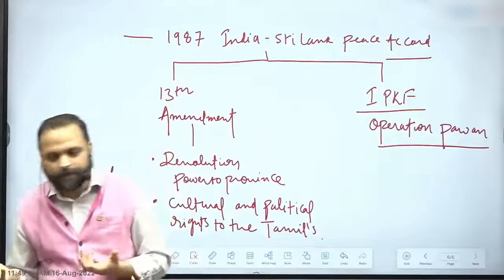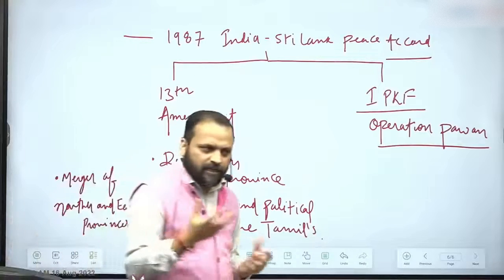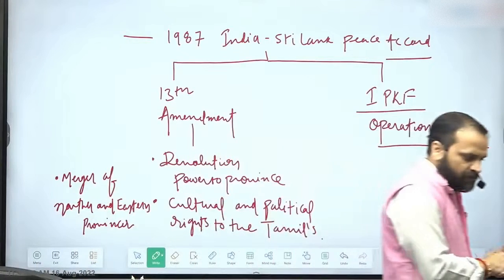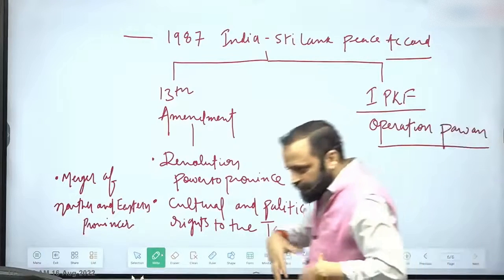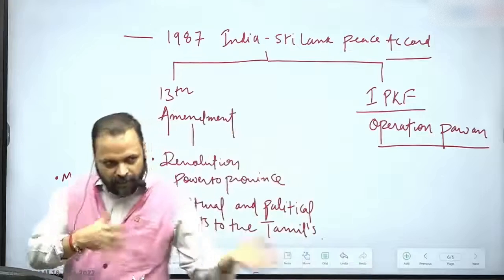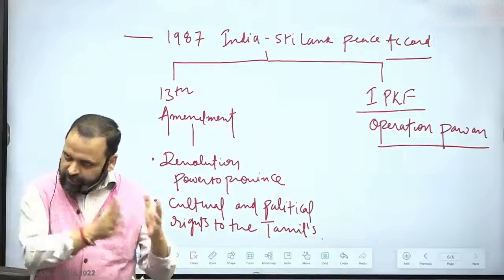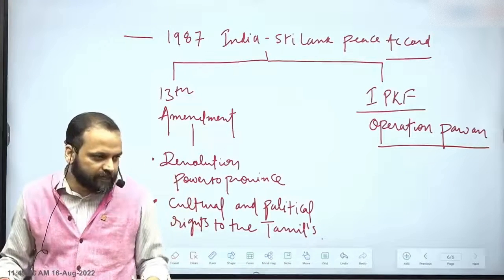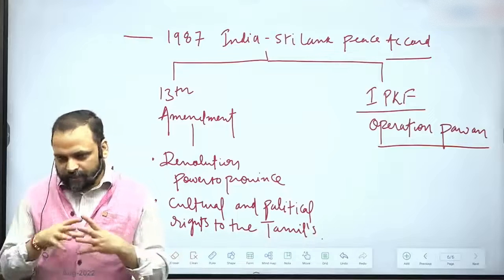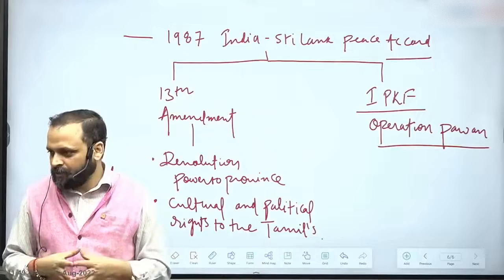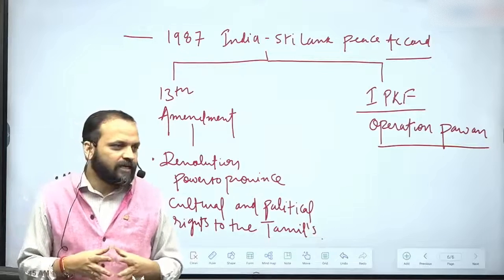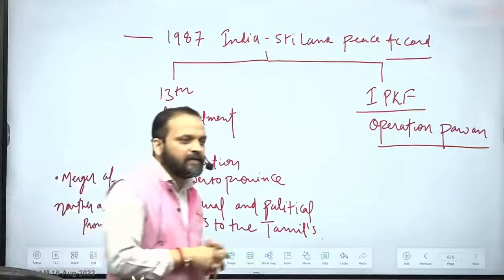We had an understanding that the LTTE leader, Vellupillai Prabhakaran, would ensure that LTTE lays down arms, and the Sri Lankan government would ensure that there is fair treatment to Tamils. So what happened was that the intent can be good, but the outcomes do not always follow the intent. There is something called unintended consequences.